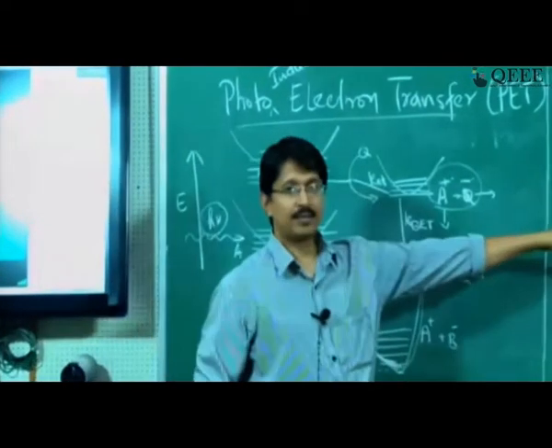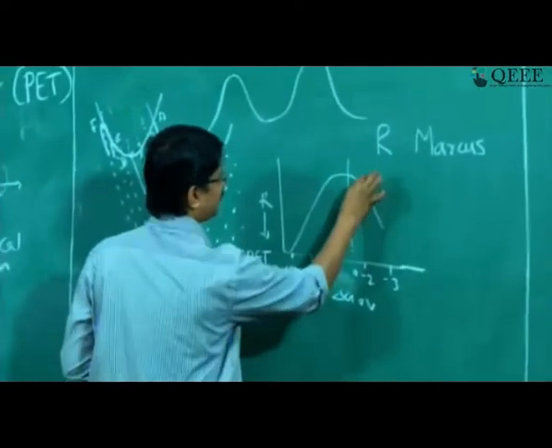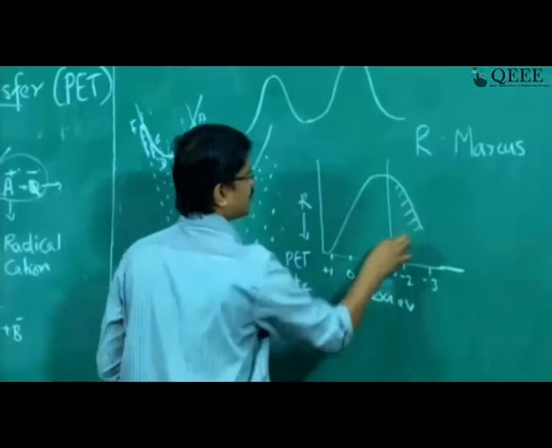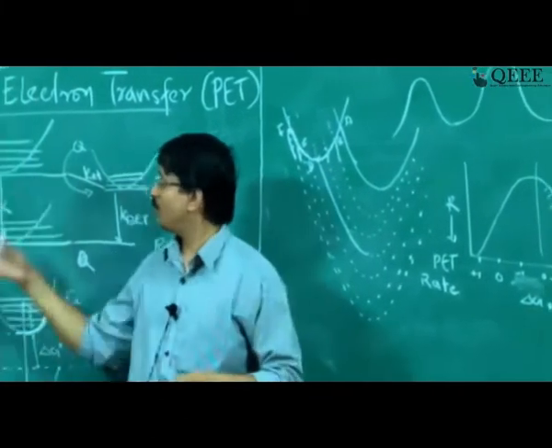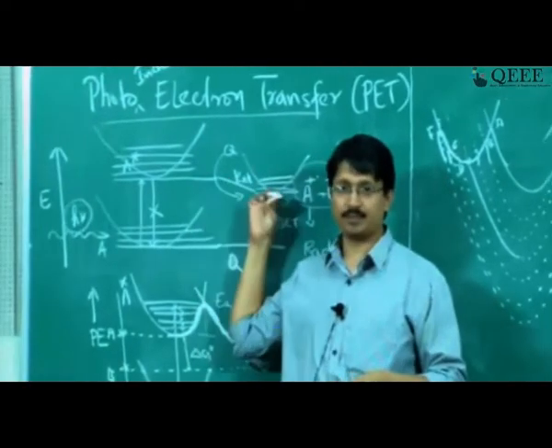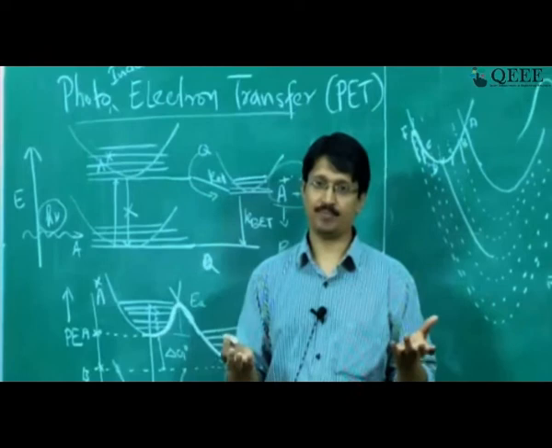But if it is happening in this region, the electron transfer rate is very low, that means that process will not take place, and as a result there is no quenching.